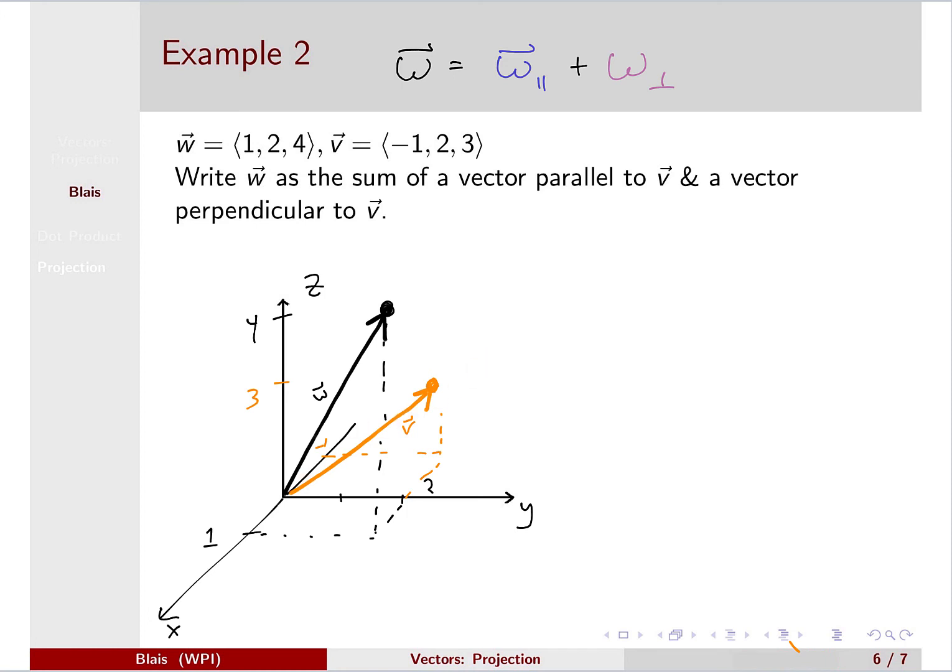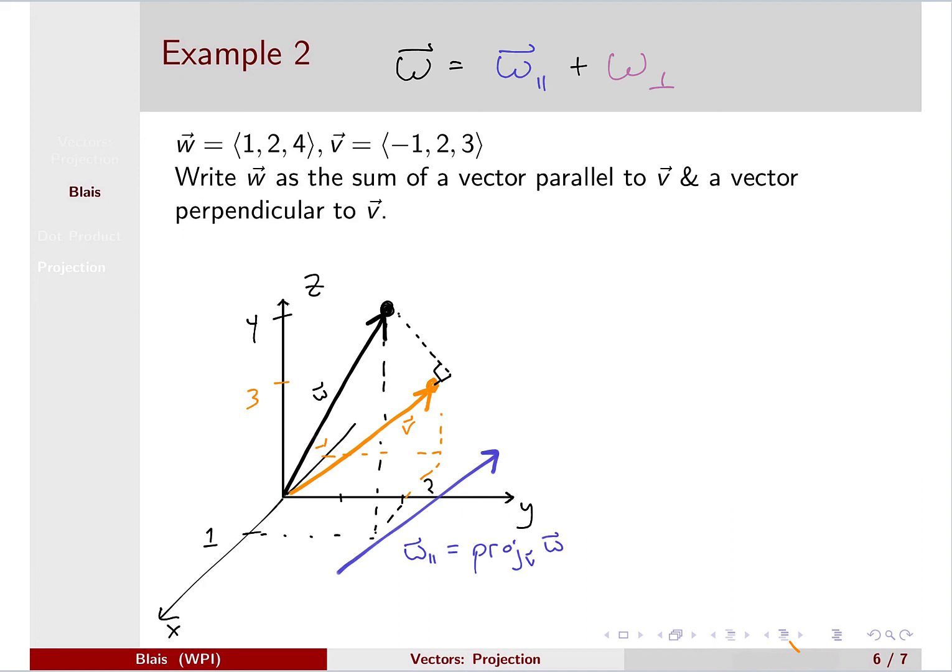So we are going to geometrically do this idea of dropping a perpendicular down here, and the resulting vector we will call w parallel, and that again will be the vector projection of w onto v.